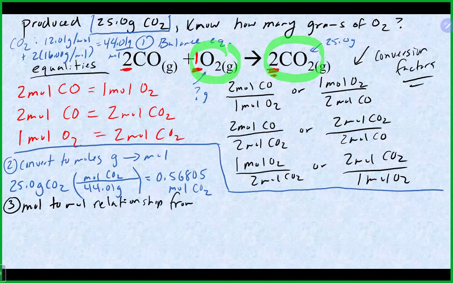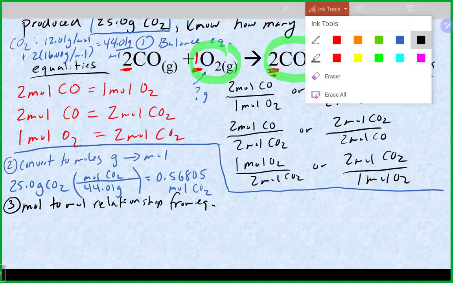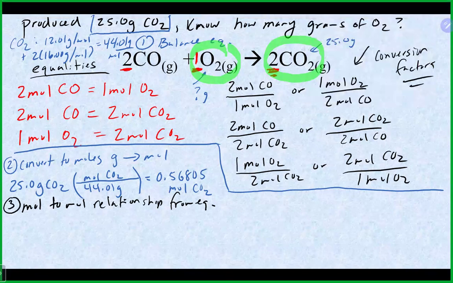By looking at the balanced equation, that is going to give us our mole to mole relationship, which in this case is, as we saw earlier, 1 mole of O2 gives us 2 moles of CO2. That gives us an option of these 2 conversion factors over here. We could use either this conversion factor or this conversion factor.